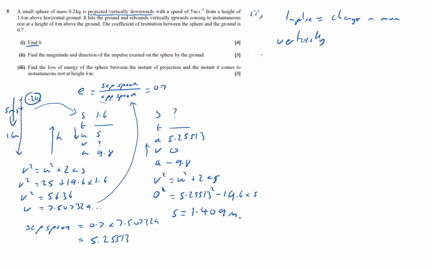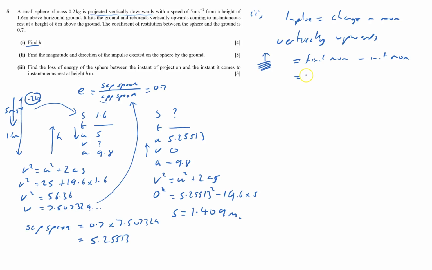Well, the ball's going to end up going up, so it's vertically upwards. That's one mark, and we can take up to be positive, and direction matters. So up is positive, and the impulse is the change in momentum, final momentum minus initial momentum. Don't forget direction matters.